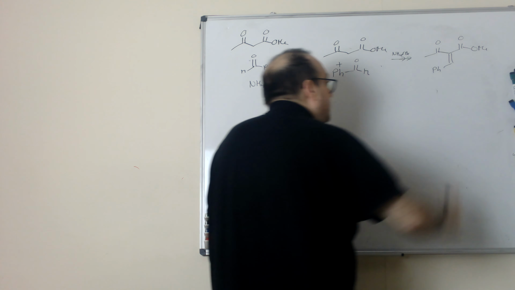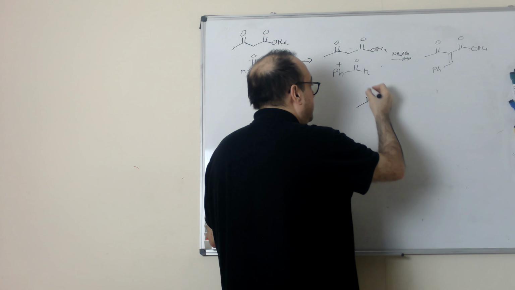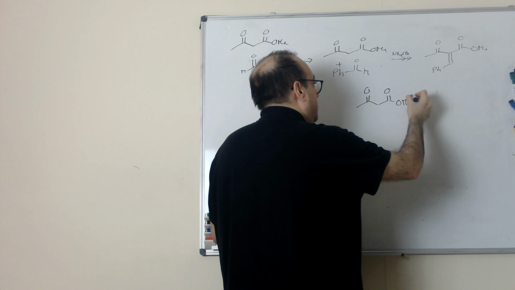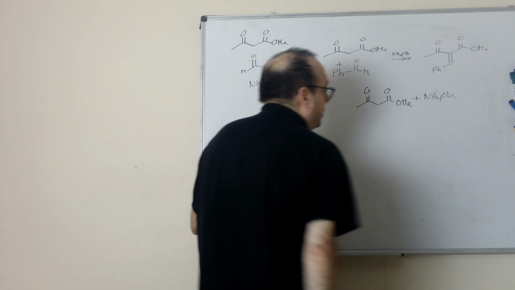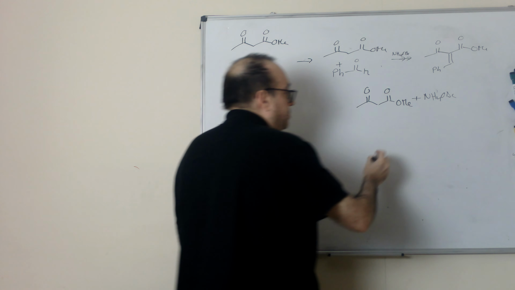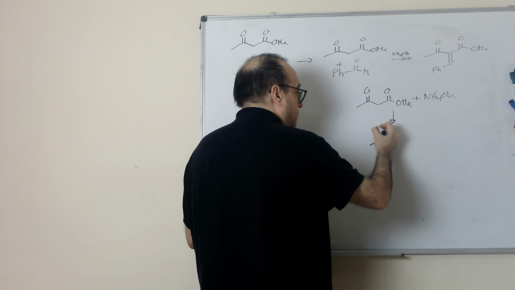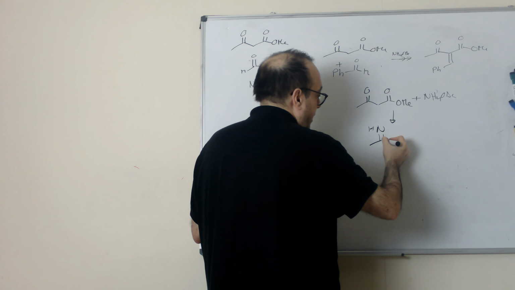When we have the Knoevenagel adduct, another molecule of the ketoester will react with ammonium acetate, and basically we form the imine first, and then obviously this is forming the enamine.